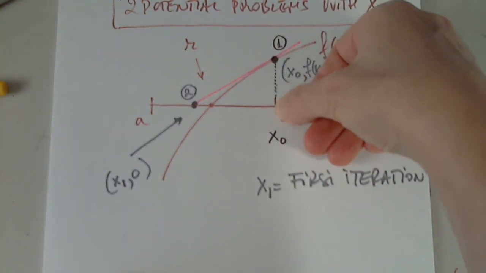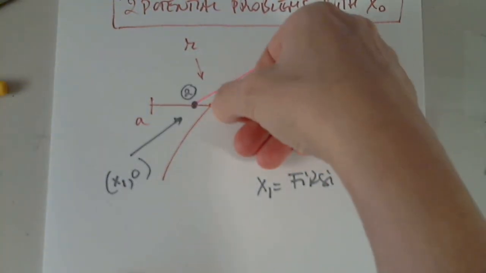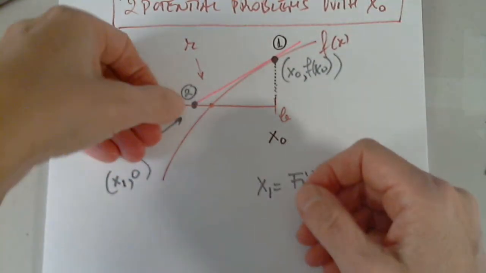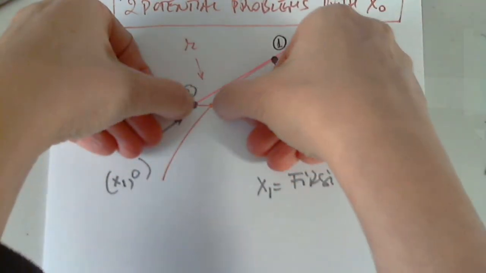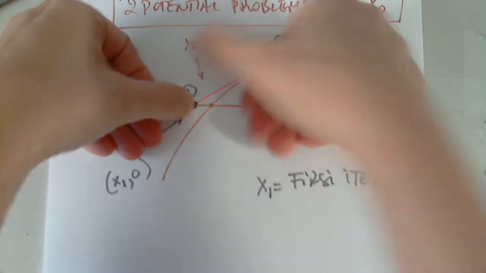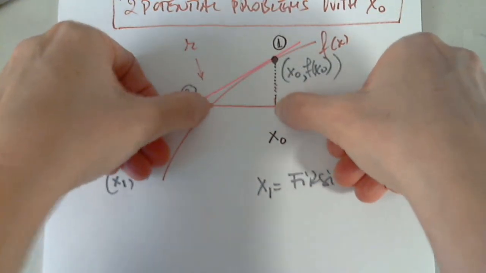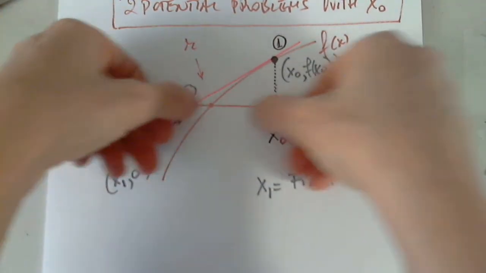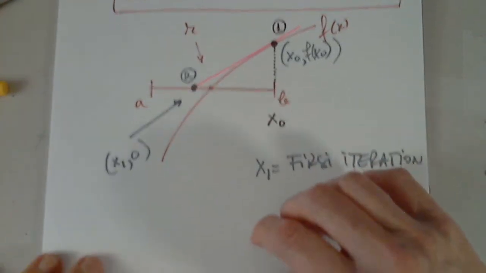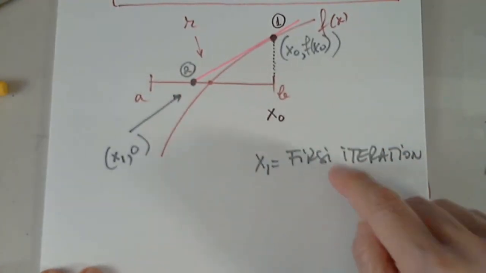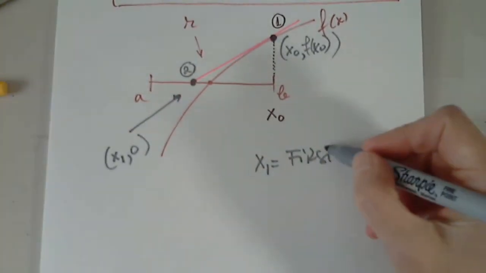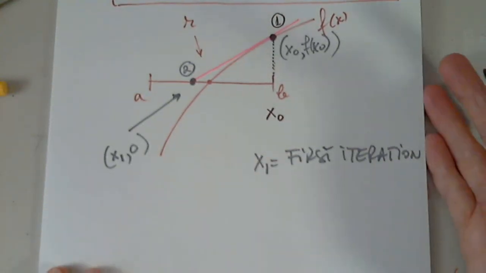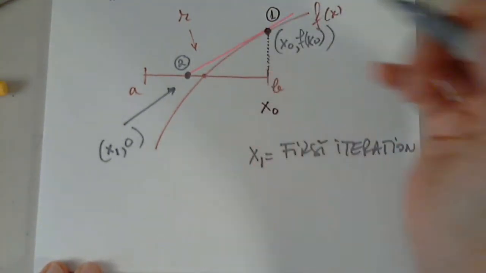Because x sub 0 is far away from r, but obviously x1 is a better approximation of r than x sub 0 is. Look at the distance. So x1 will be the first approximation, or the first iteration, towards getting closer to r.